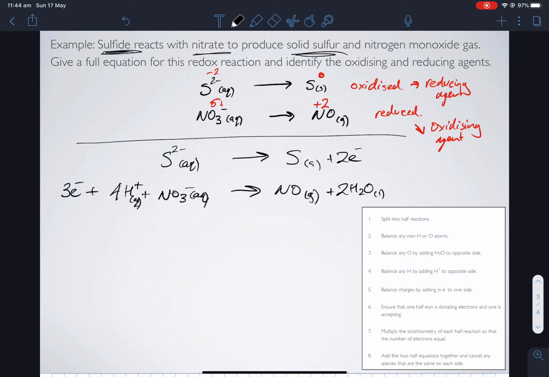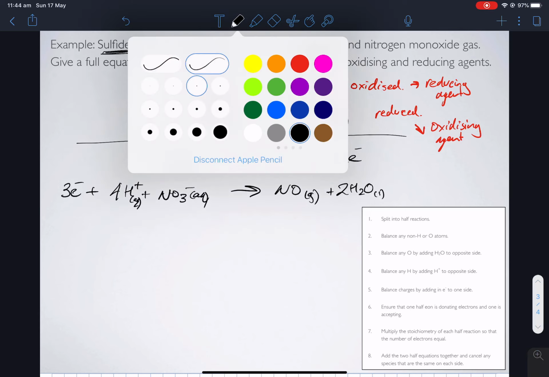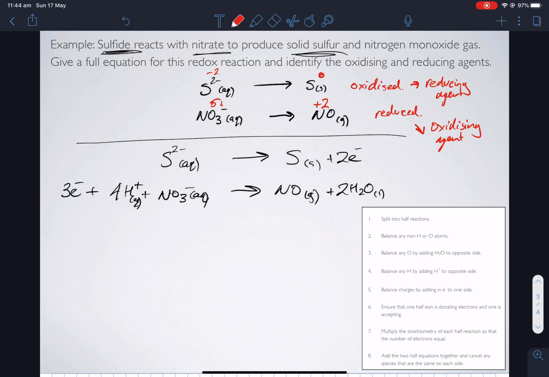Okay, now we've got our 2 balanced half equations, let's look at the top one's giving up 2 electrons, but the bottom one's taking 3 electrons. So the lowest common factor for both of those is 6 electrons. So we're going to need 3 of these top ones to react with 2 of these bottom ones to get an equal amount of electrons being given up and taken.